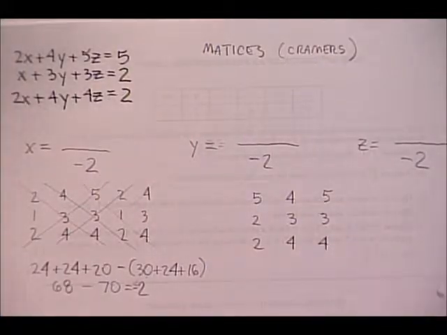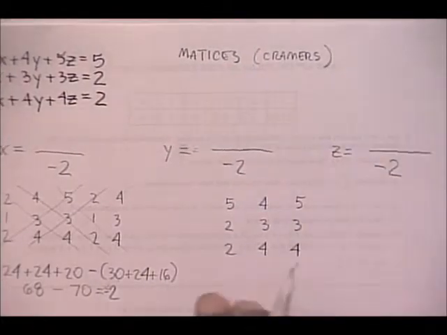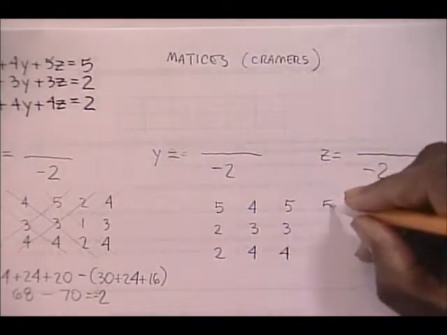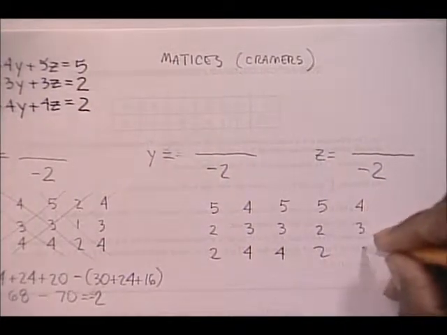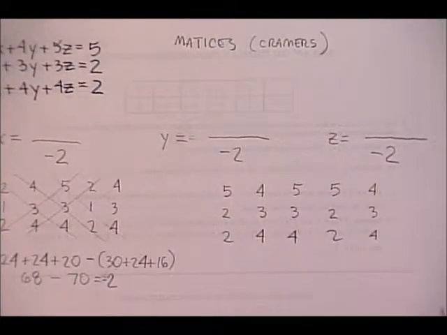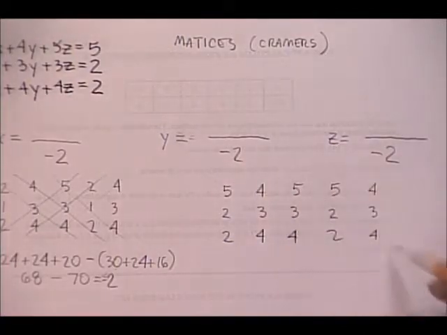We're going to find the determinant of that, and it's going to represent the numerator of the x value of your solution. Let's take these same two columns and rewrite them again: 5, 2, 2, 4, 3, 4. A lot of multiplying this way, from left to right, traveling down.